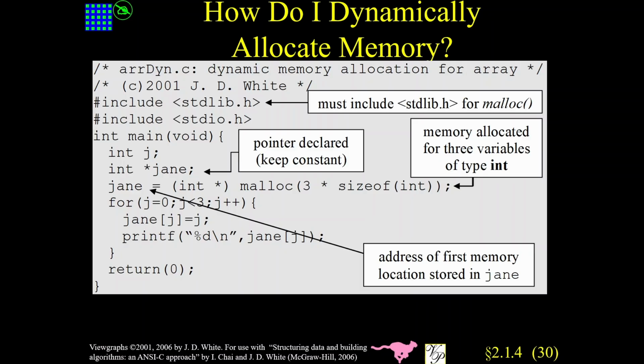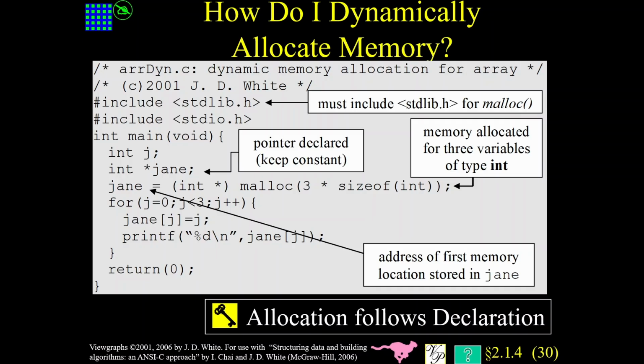This is basically exactly the same as static allocation, but you can see I've broken it into halves, and I don't have to know how much memory I need when I start my program running. So allocation follows declaration, so it's a 2-step process this time. We'll talk more about this next week.